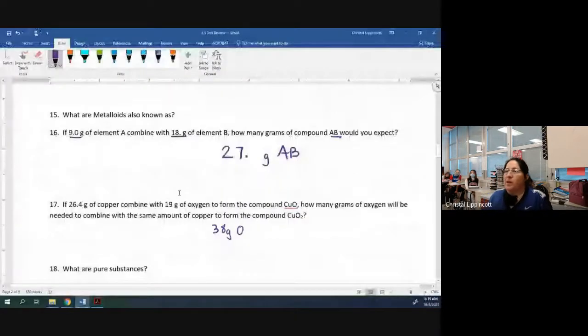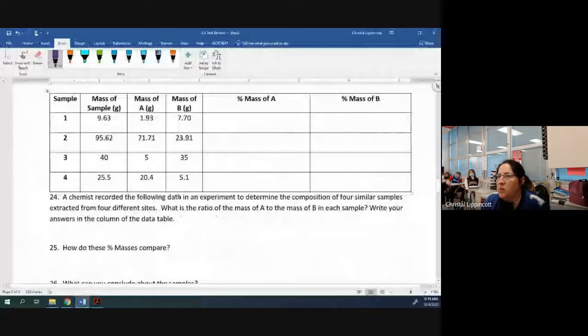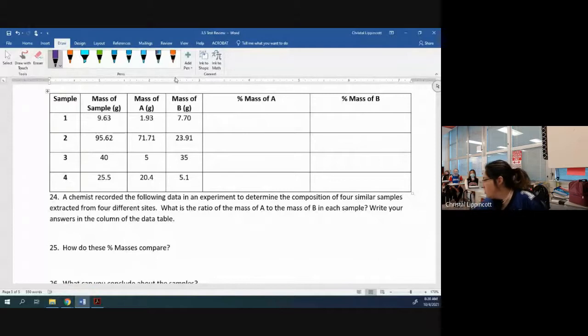All right, so we've got different samples here. They want to know what the percent mass is. On your test, I have these all at the same place values, so it'll make it easier as far as sig figs is concerned. So we've got 9.63 as our sample mass, and 1.93 divided by 9.63, and that's 20%.